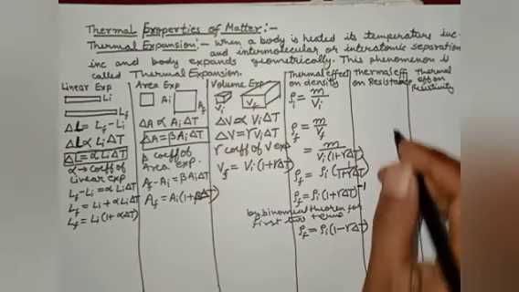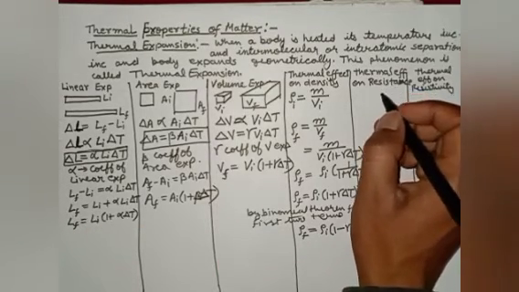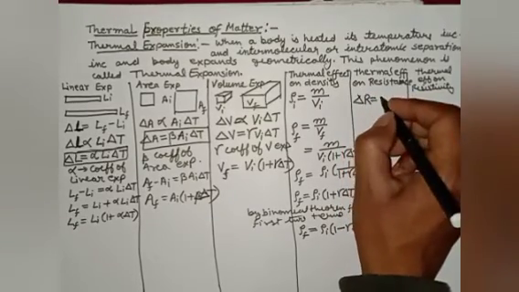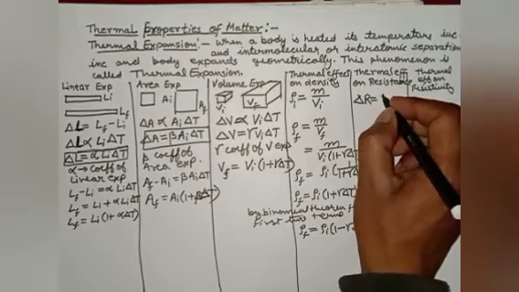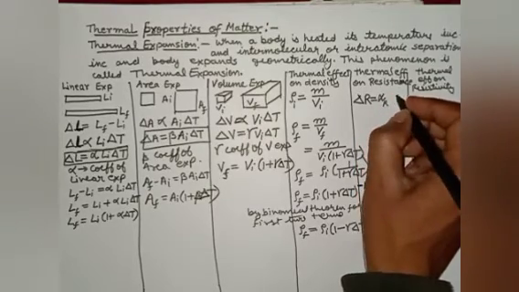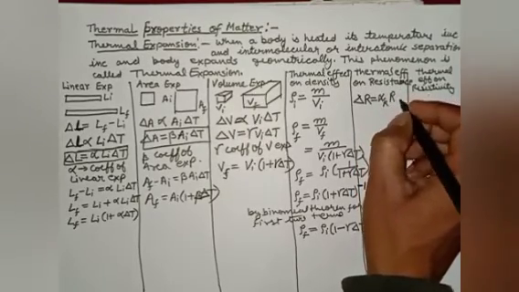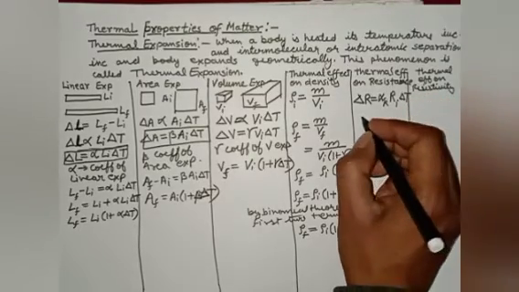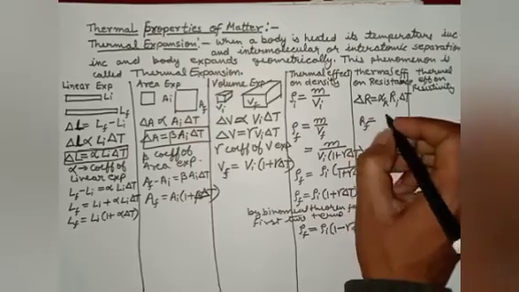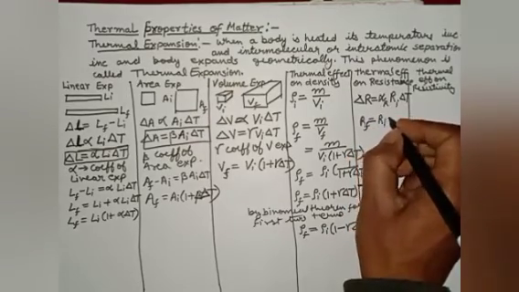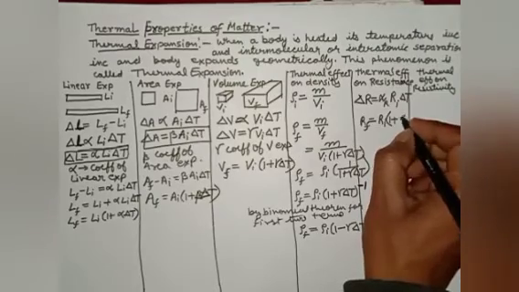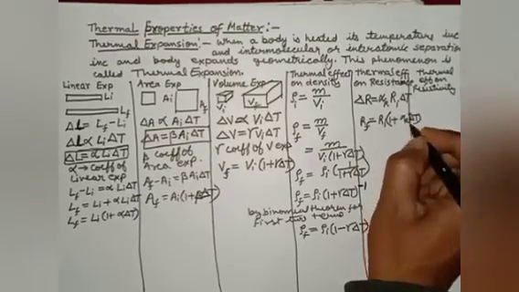So now, thermal effect on resistance. Once again, change in resistance, I'm directly writing it. It will be alpha for resistance times R initial delta T, and from here Rf is equal to Ri (1 plus alpha R delta T).